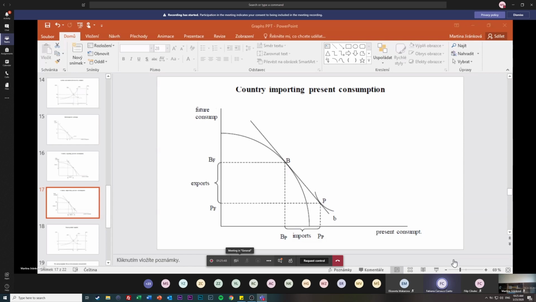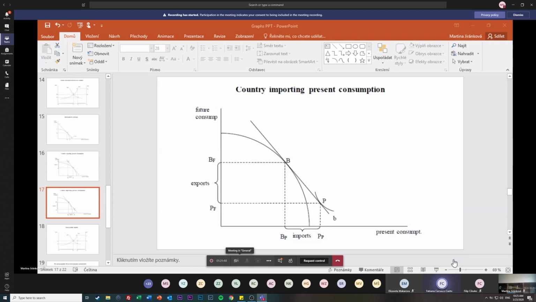Now you are thinking of these countries having loans, and what's the situation of these countries? These countries in our picture are at the point B. So they have some BP present and BF future consumption. They are producing this combination of present and future consumption.